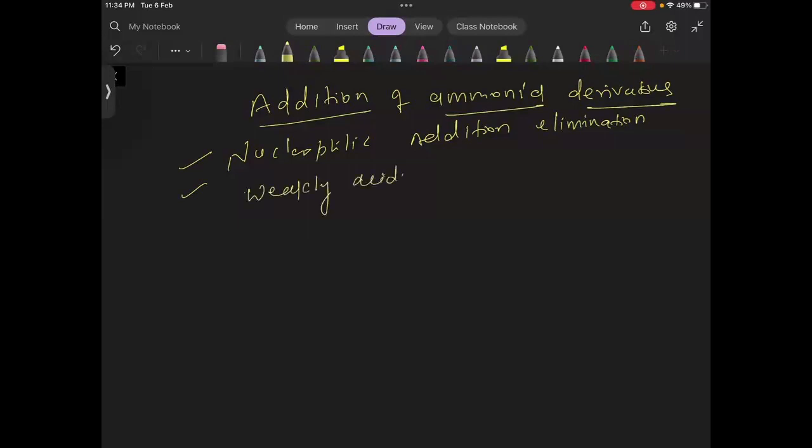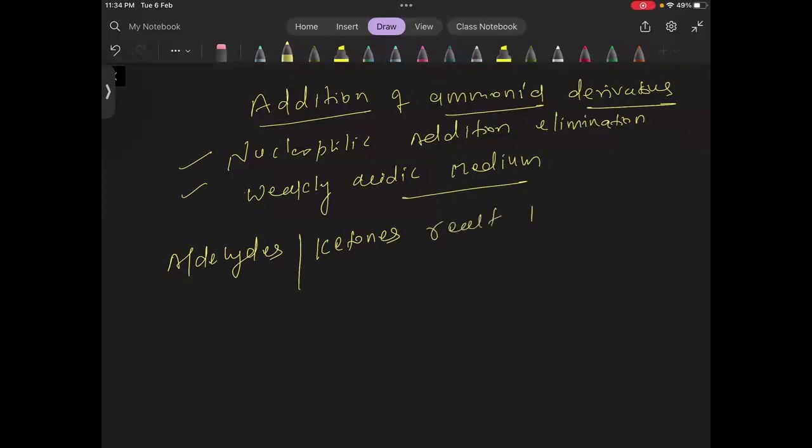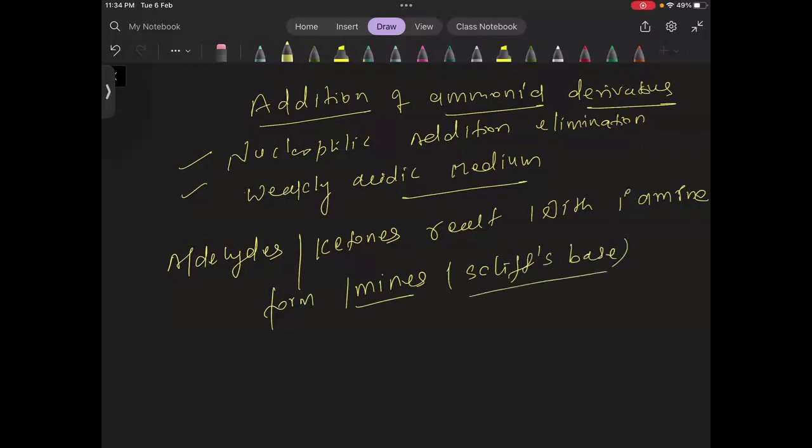See here, students, any aldehyde or ketone reacts with a 1 degree amine to form imines, which are also called Schiff bases. Students, you know, the Schiff base is used to distinguish between aldehydes and ketones, so that all aldehydes give the Schiff test.